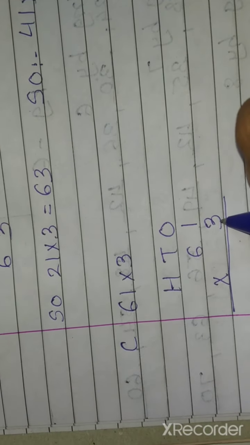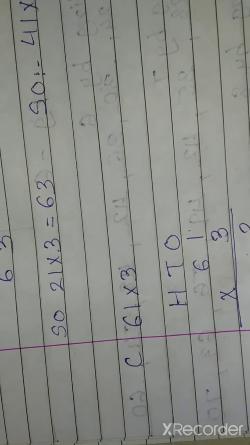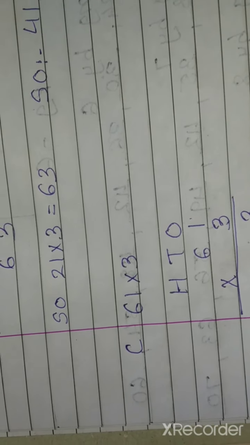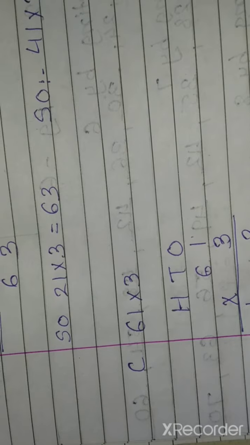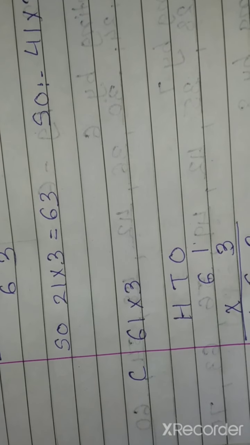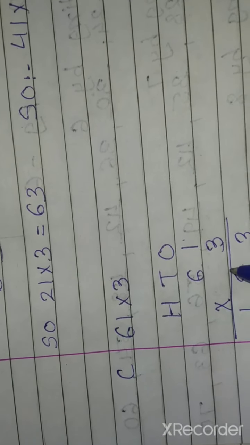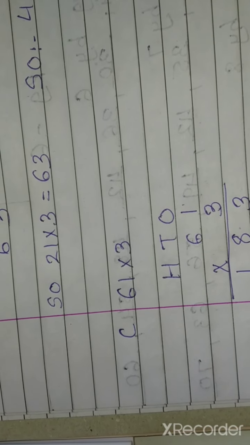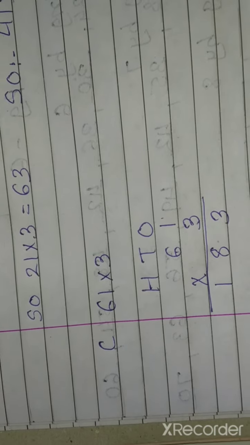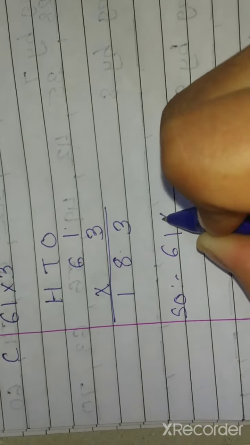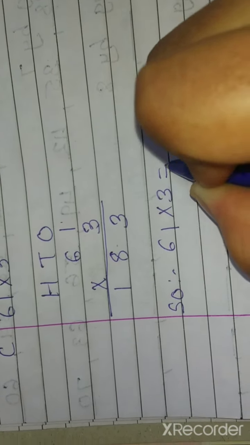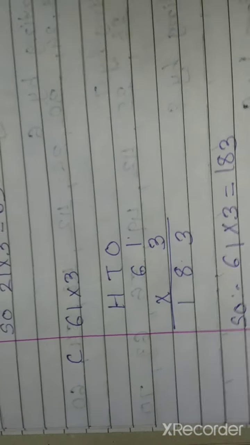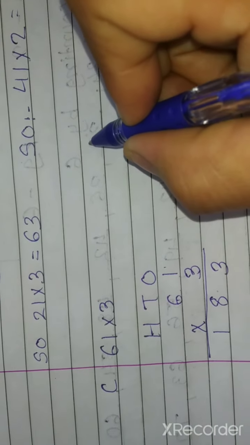Now 3 ones are 3. 3 sixes are 18. So we write 1 in the hundreds place and 8 in the tens place. So our answer is 61 into 3 is equal to 183.